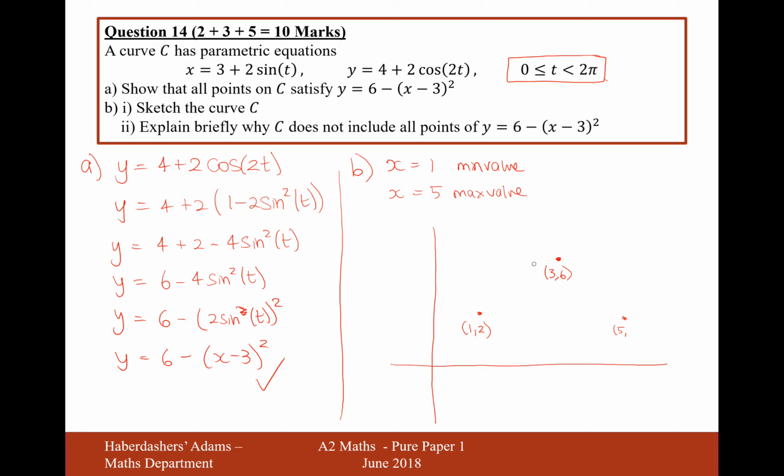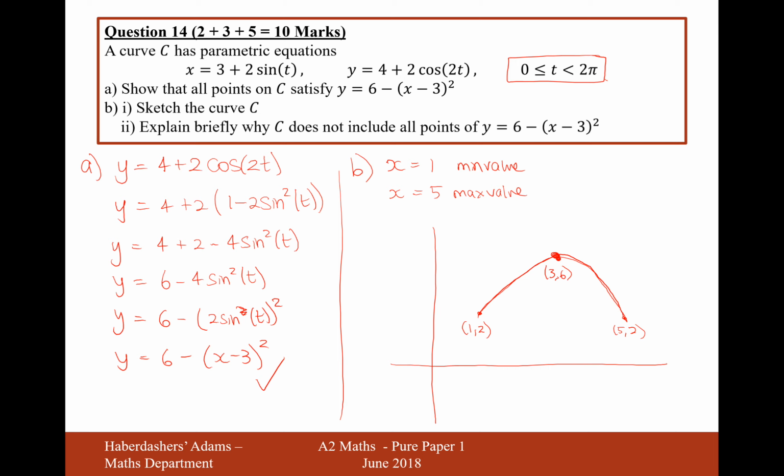And by the symmetry of any quadratic curve, it must go down to 5, 2. So therefore the curve is going to look perfectly like this thing here. A perfect quadratic, but stopping at 1, 2 and 5, 2, going at a maximum point of 3, 6.